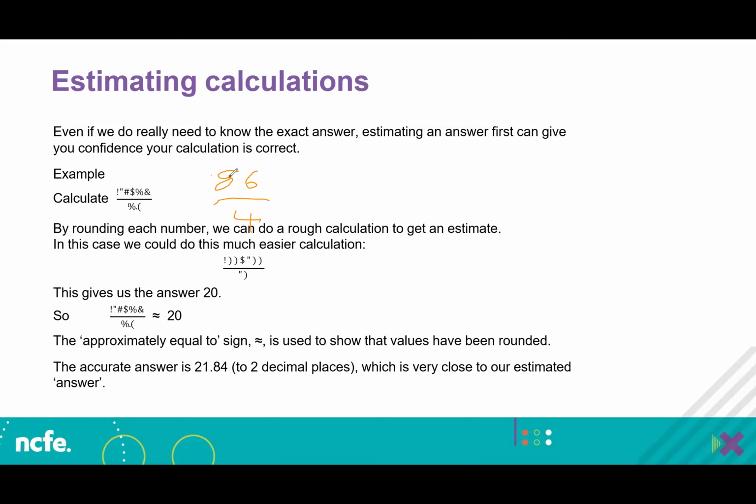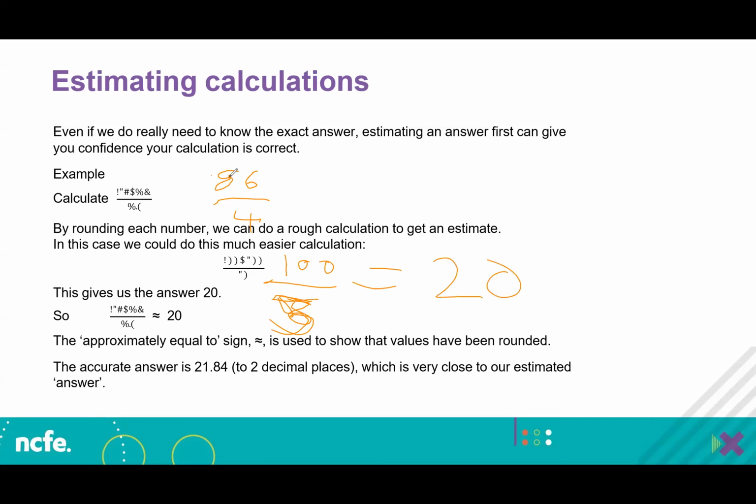So if we round each number, we can round it up to 100 divided by 5, which equals 20.